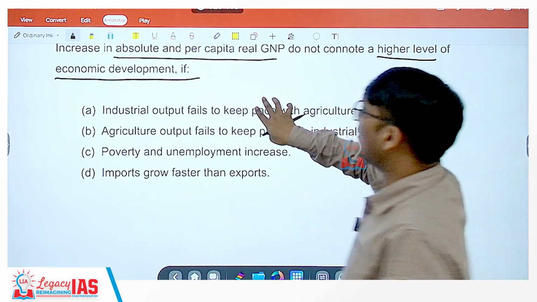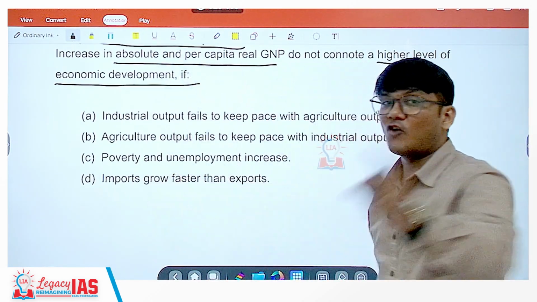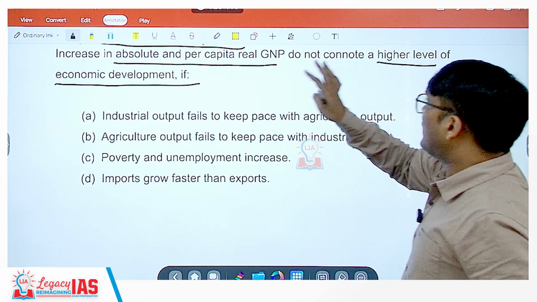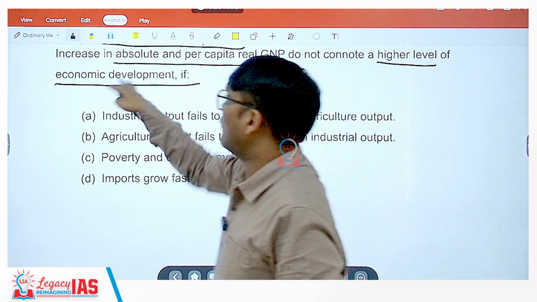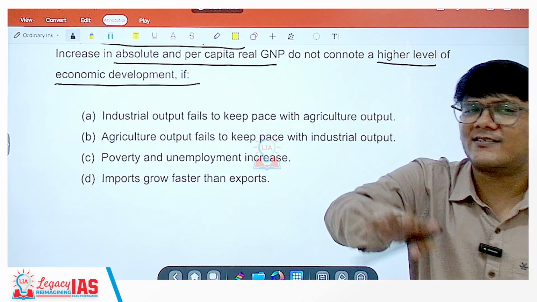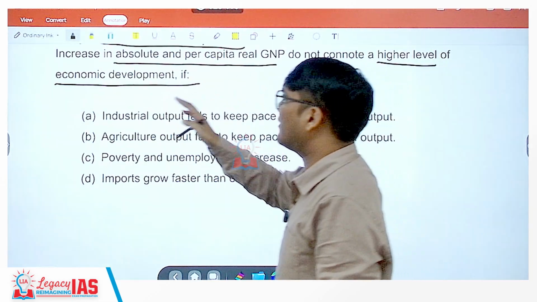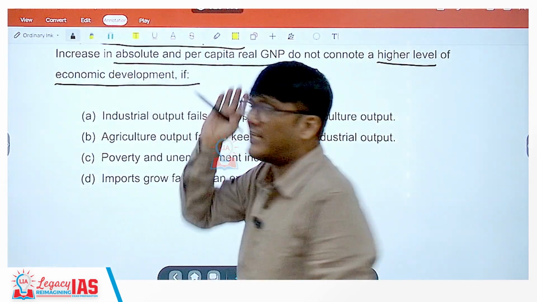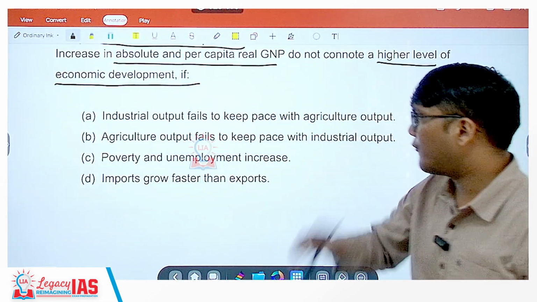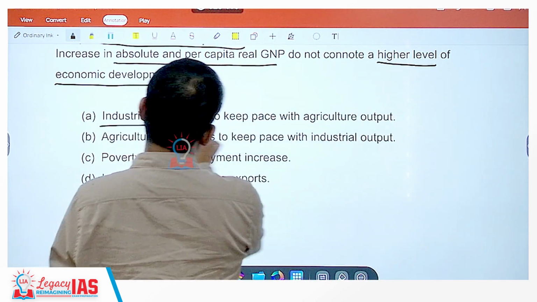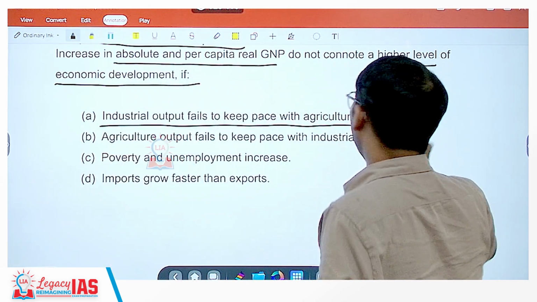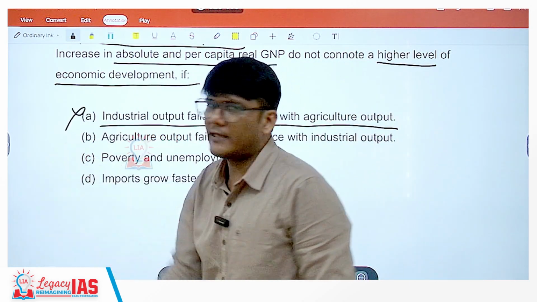Increase in absolute and per capita real GNP, that means economic growth is happening. Do not connote a higher level of economic development, meaning it need not necessarily reflect in higher economic development if industrial output fails to keep pace with agriculture output. No, nothing to do with that.